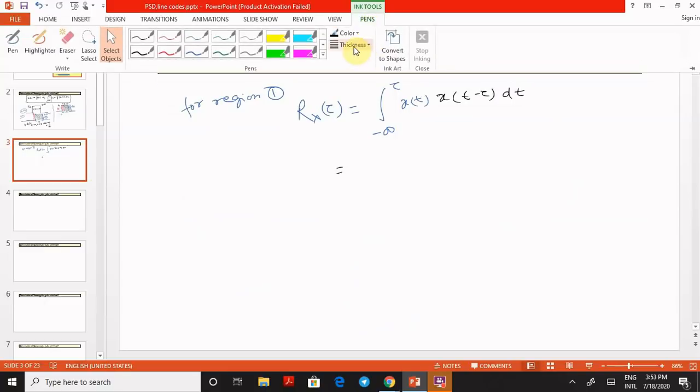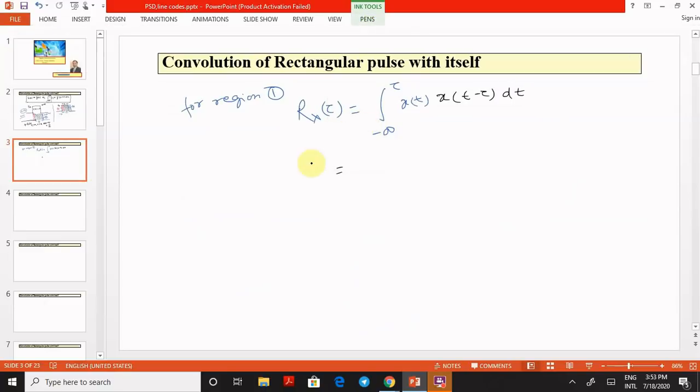So we can simply write that the integral from minus infinity to tau of x(t), where x(t) is simply hk, and x(t minus tau) is equal to 0, multiplied by 0 dt, will produce 0.